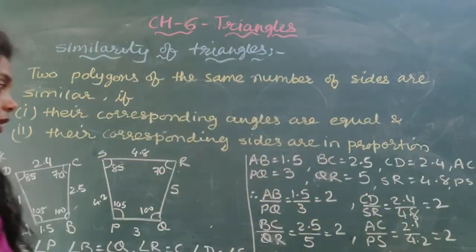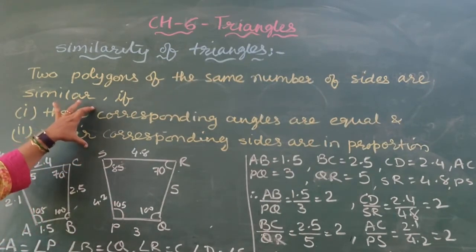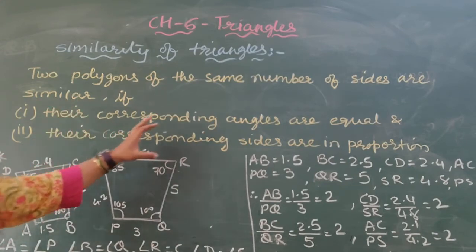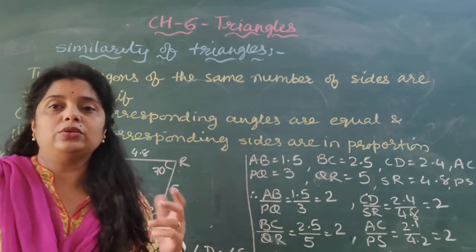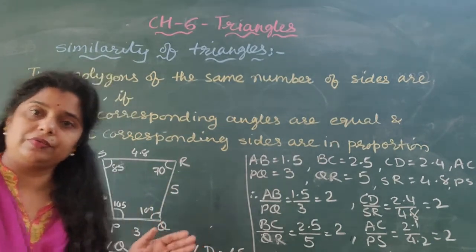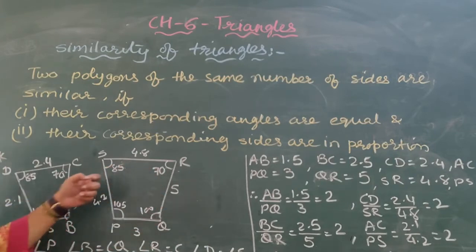Okay, so let's take one example to understand what the conditions are and how they are fulfilled to prove that two figures are similar figures. As you see here, I have drawn quadrilaterals ABCD and PQRS.